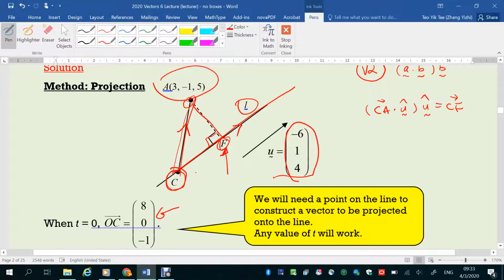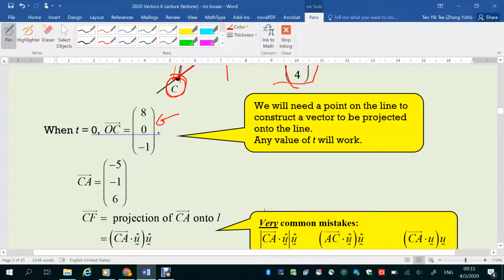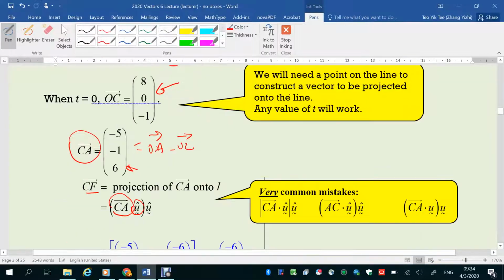This is from your chapter 2. So what I need to do now is find CA. CA comes from OA minus OC, and CF is the projection of CA onto line L. So I have CA settled already. What's U? What's U hat? This is U; divided by its magnitude, I get my U hat.